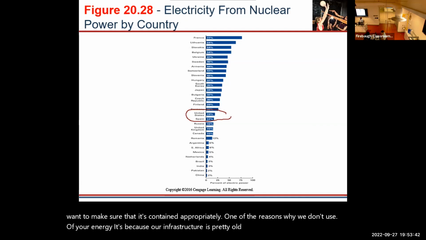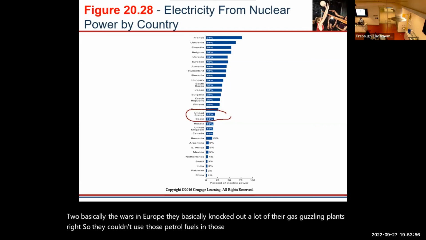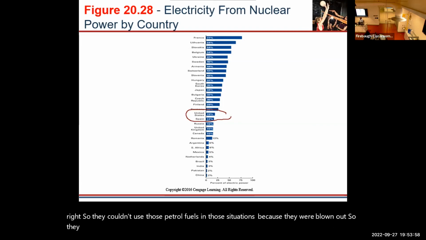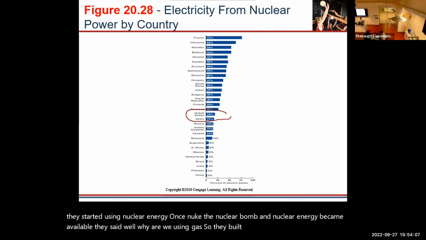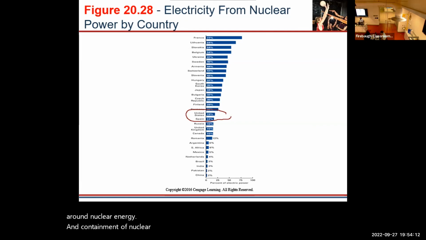Basically, they knock out a lot of that gas so they could reuse their fuels, so it's ready.